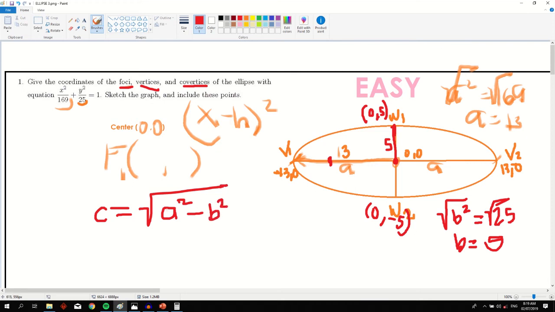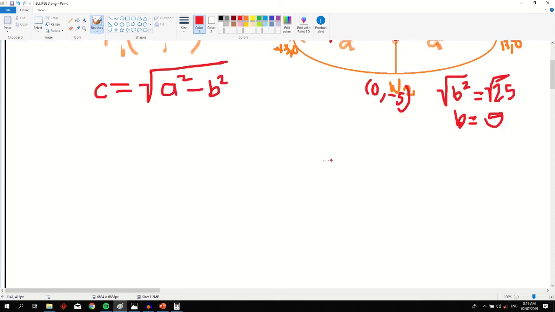We already know how to get this, because we will go back to how we get this formula.